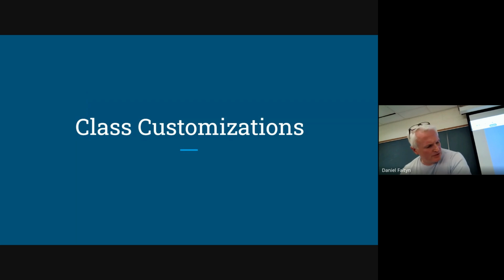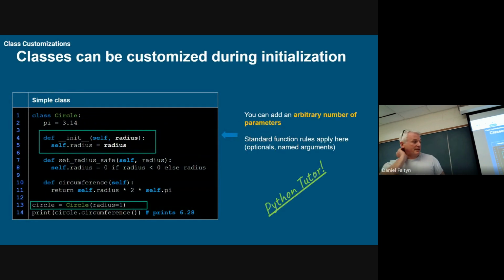So this is the new stuff, but it's not really new. It's called class customizations. Nothing really makes a circle class different from a character class, different from a menu class, other than the attributes and methods. That's the only thing that distinguishes them.